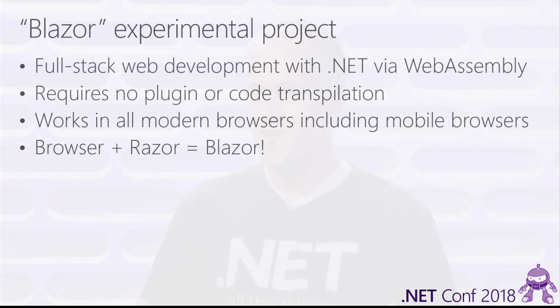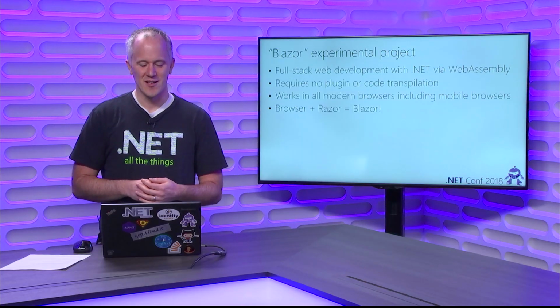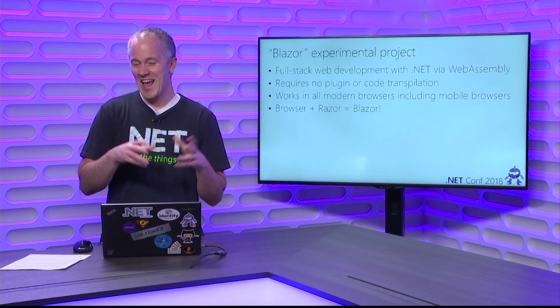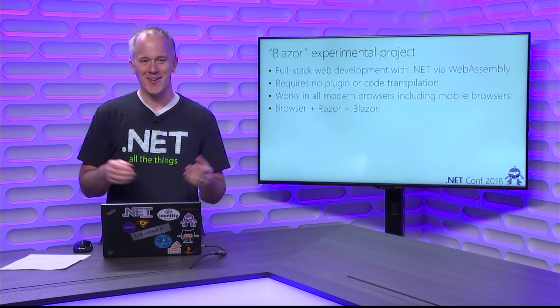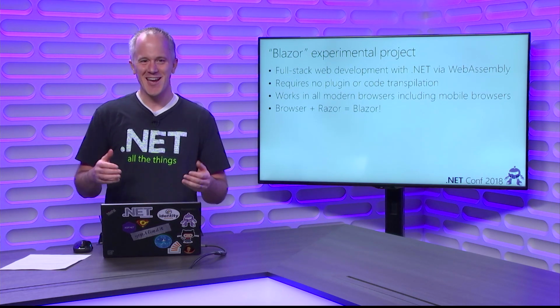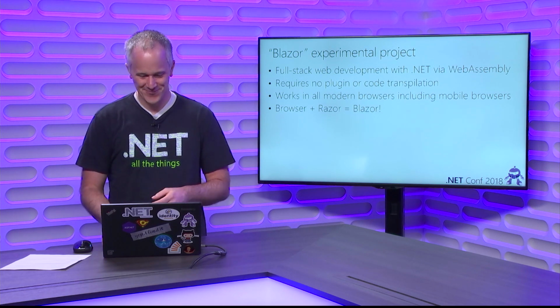And where does the name come from? Well, browser plus Razor equals Blazor. Razor is the HTML and C# templating engine that we use for Blazor component authoring in the Blazor framework. Where does the L come from? We don't know. Laser beams, blockchain, it just sounds better.